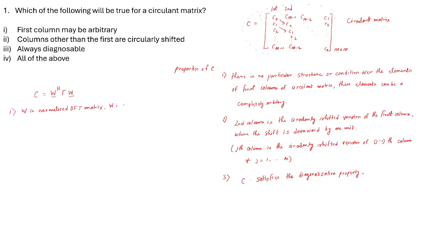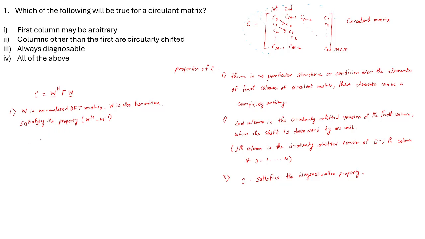W is also Hermitian, satisfying the following property, that is, W Hermitian is equal to W inverse.